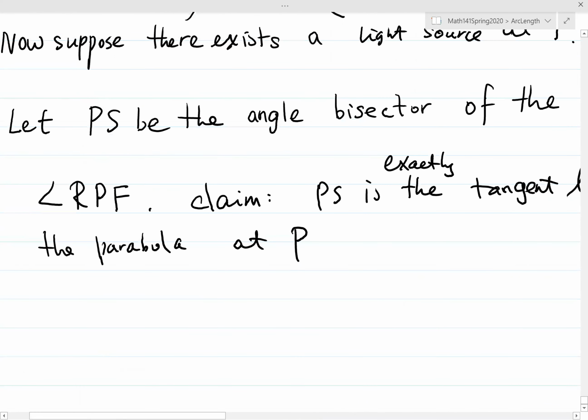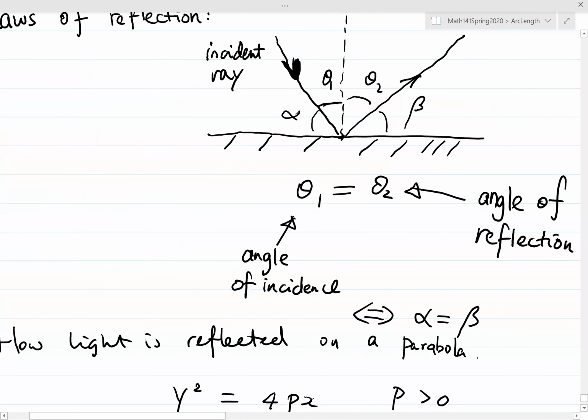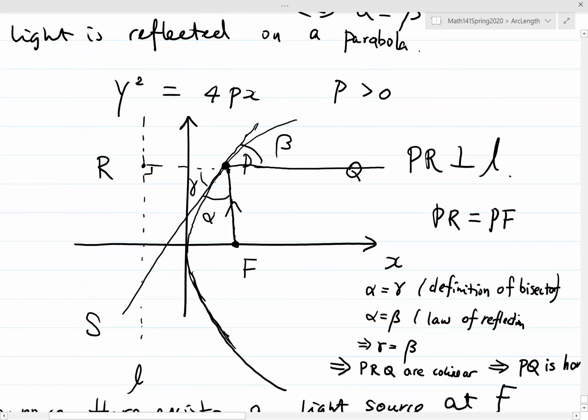This is actually a very important property for this problem. Now you see this point P is arbitrary.